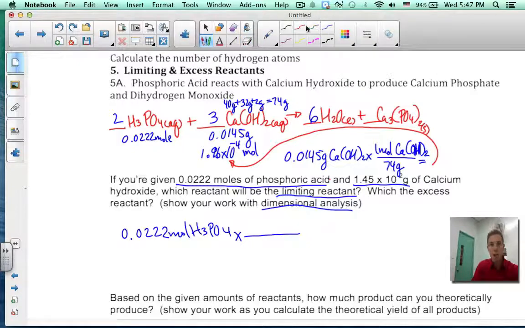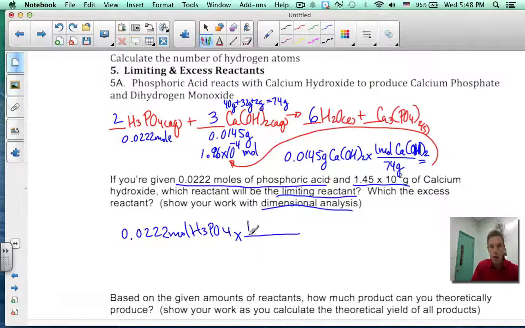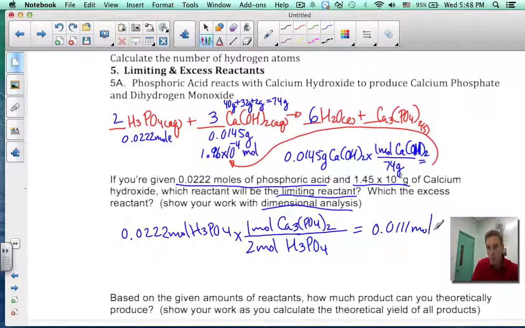If I have 1 mole of calcium phosphate for every 2 moles of phosphoric acid, when I take 0.022 and multiply it by 1 and divide it by 2, really just dividing it by 2, I get 0.0111 moles of calcium phosphate.